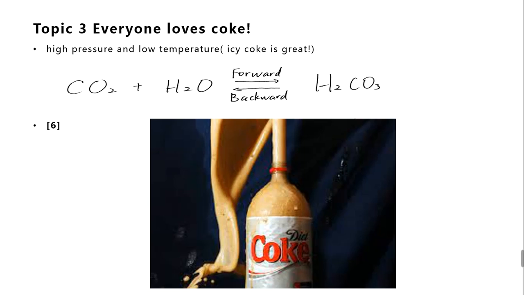But when you open the cap of the bottle or can, the pressure of the CO2 will decrease at a very fast speed, which means the backward reaction will happen in a fierce and quick state.